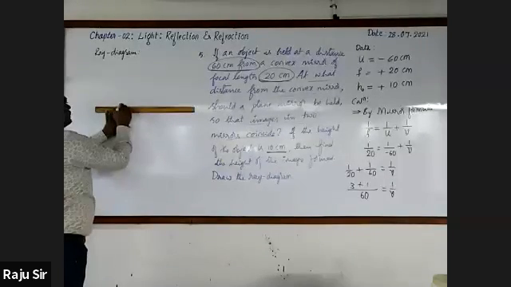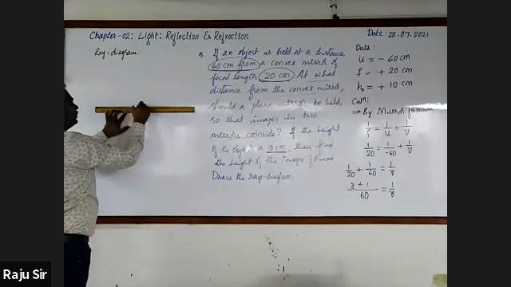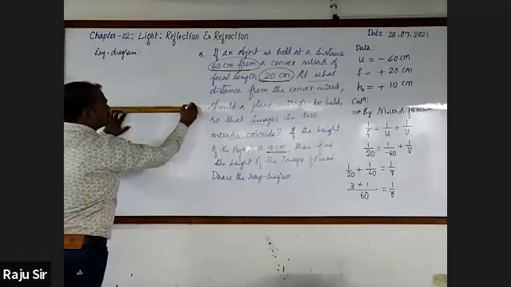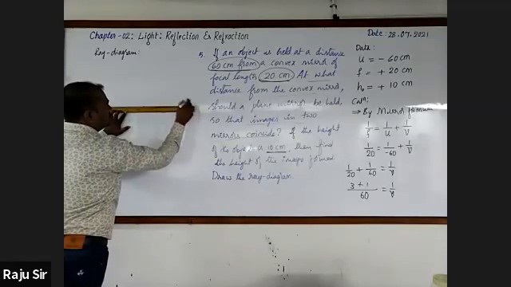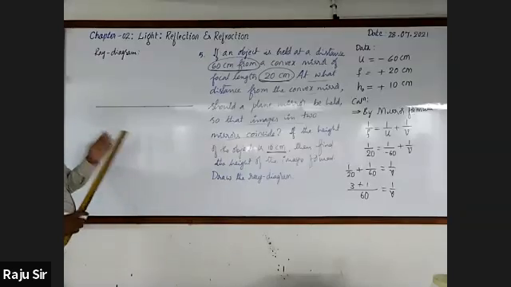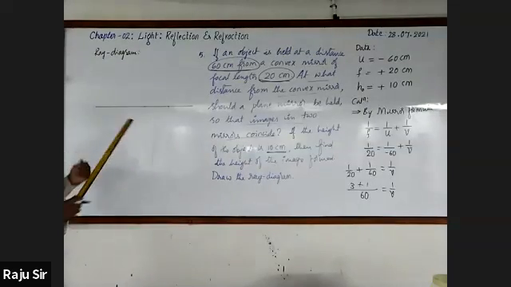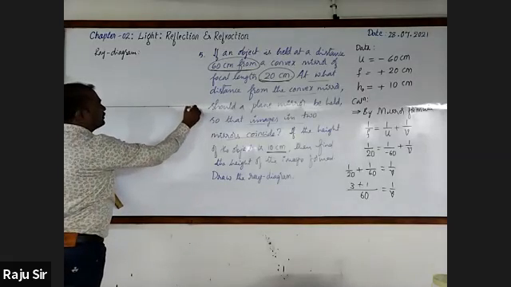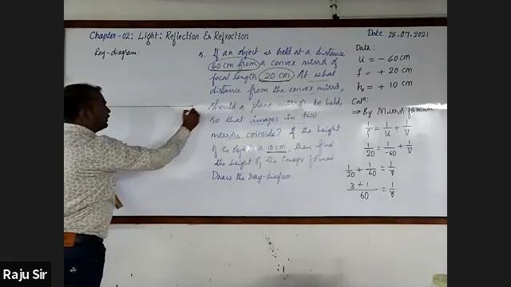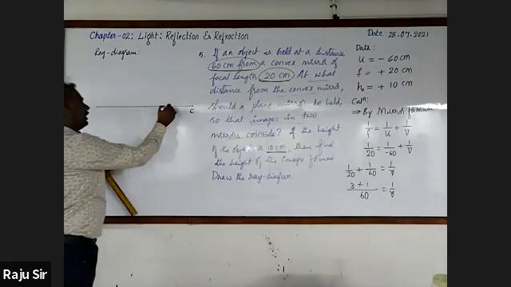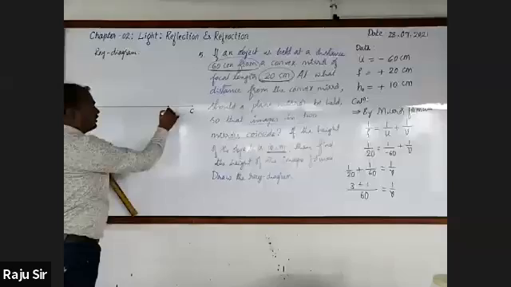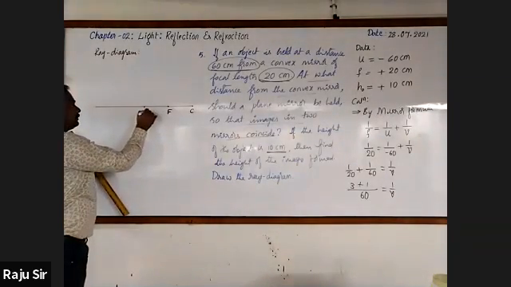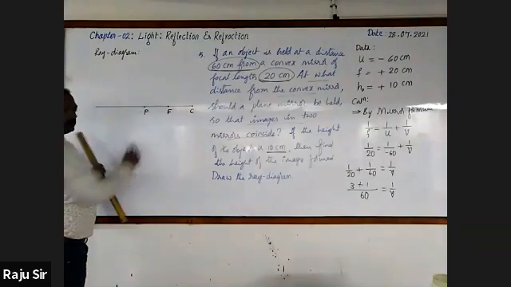Let that unit distance be 2 centimeter. Here 2, 4, 6, and 8. I call this point as C, the center of curvature of the convex mirror, this point as F, the principal focus, and this point is P, the pole of the mirror.